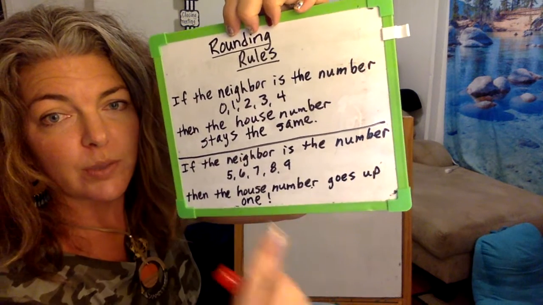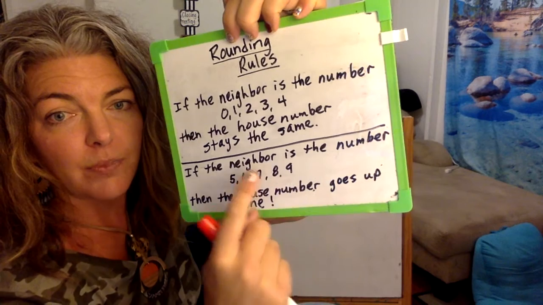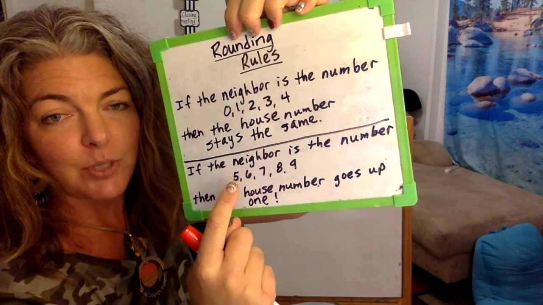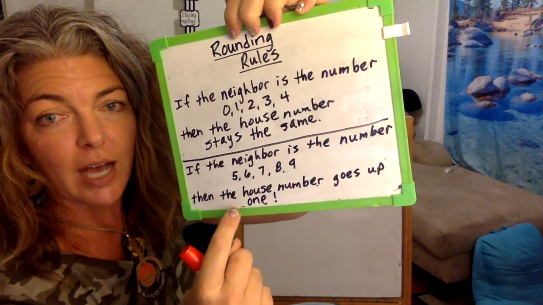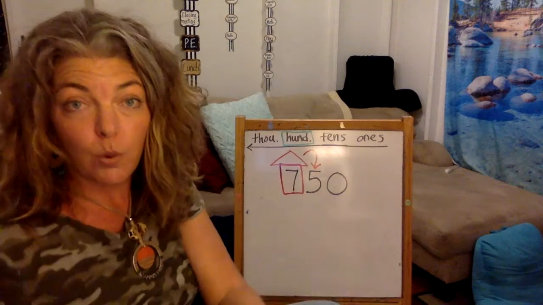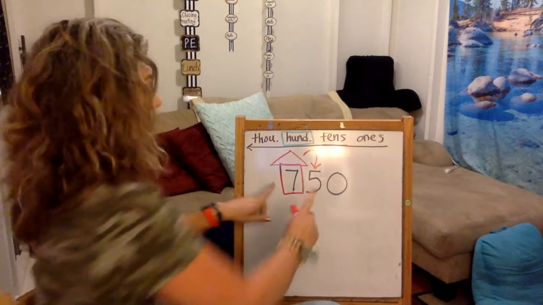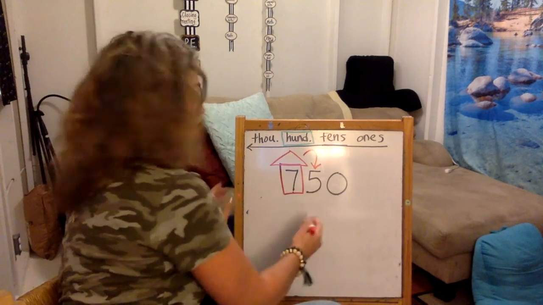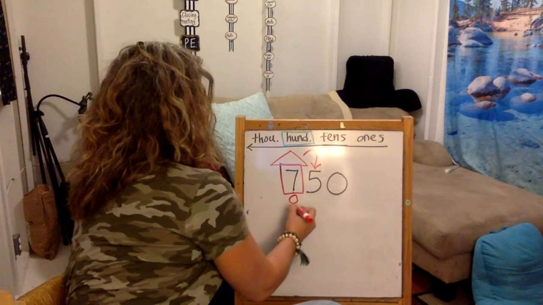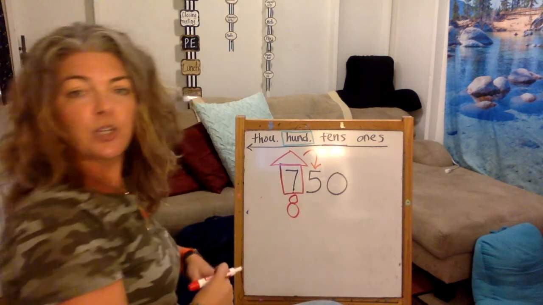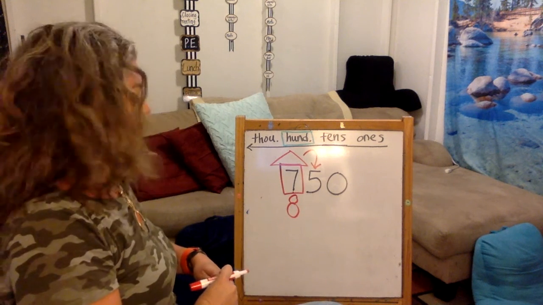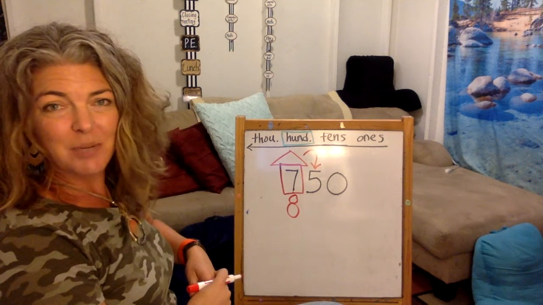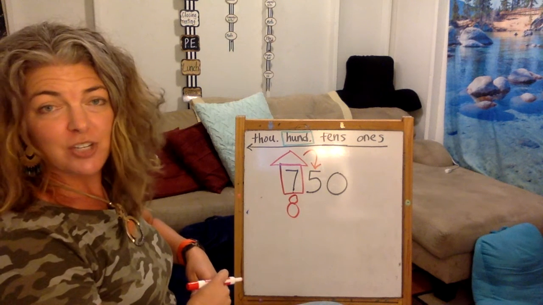Which rule is it going to be? Oh, there it is. The neighbor is a 5. The house number goes up 1. My neighbor is a 5. My house number is going to go up by 1. Now I'm done talking to that neighbor. I've already gotten the information I need.